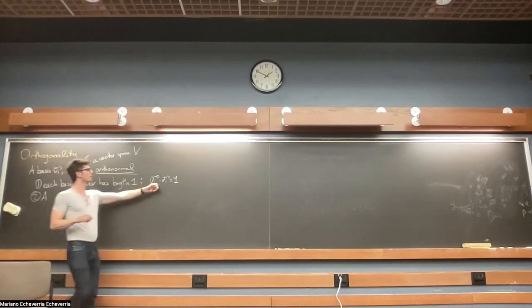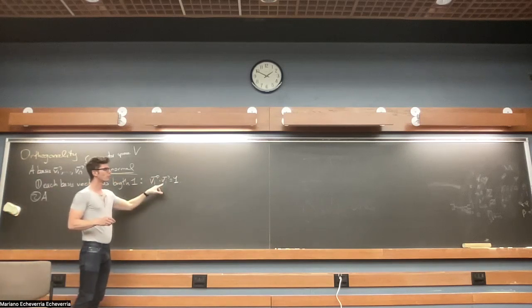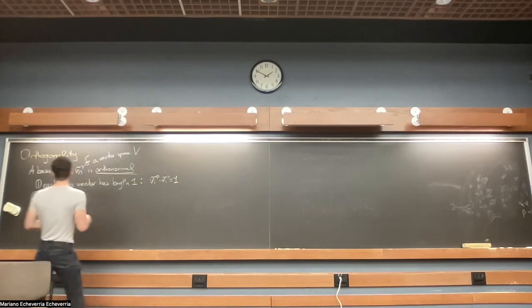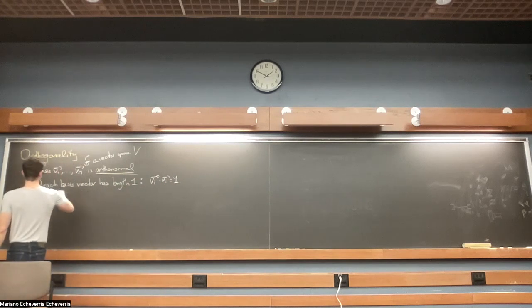By the way, I'm reminding you here that length 1 you can write in terms of the dot product. It's just saying that the dot product of a vector with itself is 1. And any two different vectors from the basis have dot product zero.